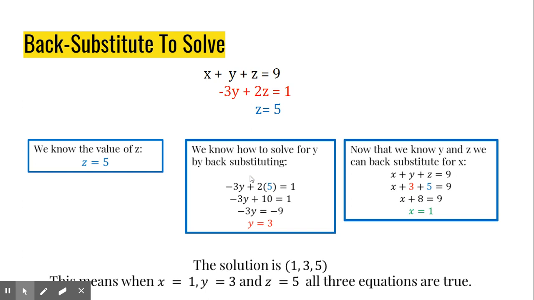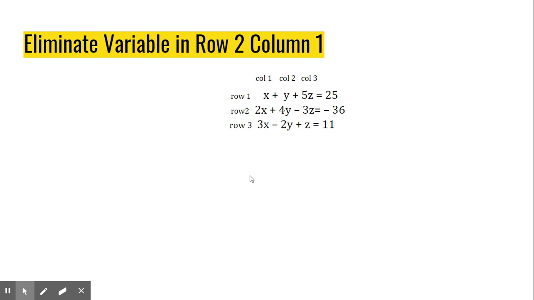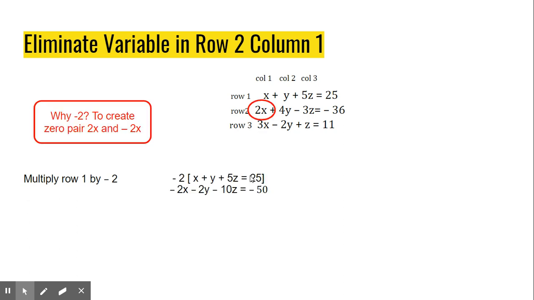Let's look at one more example. Now I want to get rid of the 2x that's in the position of row 2, column 1. So I'm going to multiply row 1 by -2 to create my zero pair. Here is the equation I get. -2x minus 2y minus 10z is equal to -50.